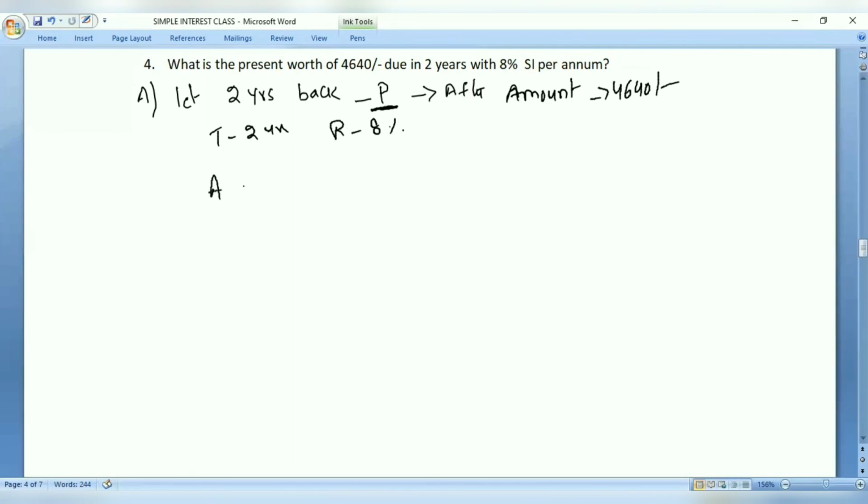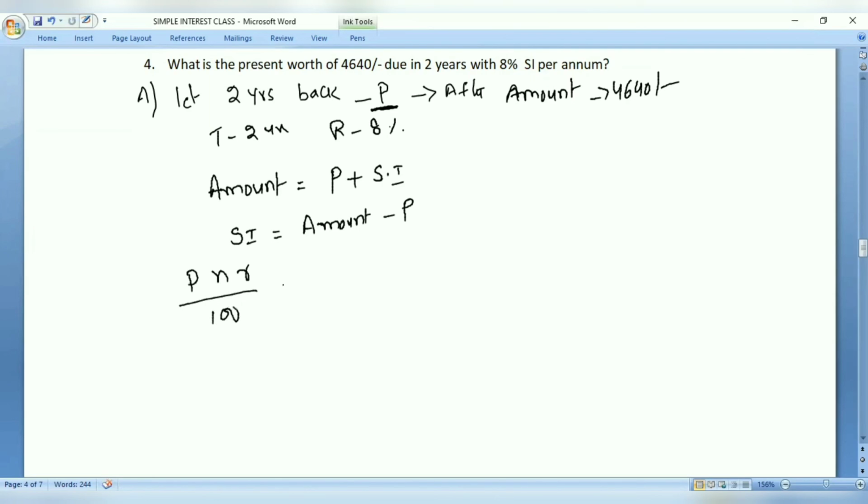We know that the formula for amount equals principal plus simple interest. Now, if you want to calculate the simple interest from this equation, we can say amount minus principal. So what is the simple interest formula? We know PNR divided by 100.